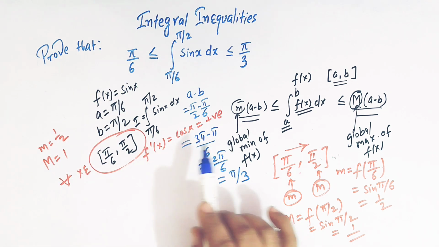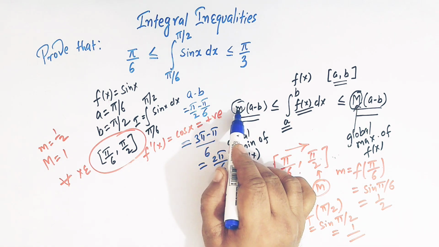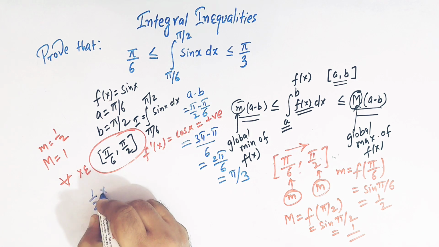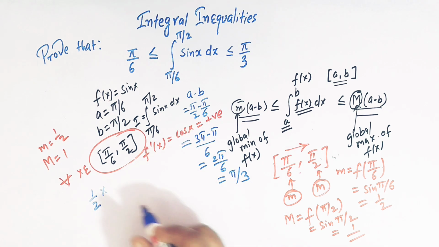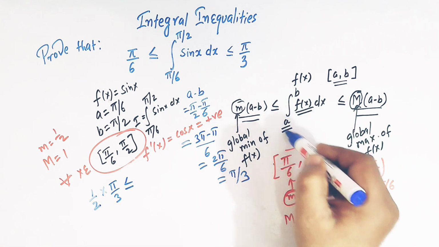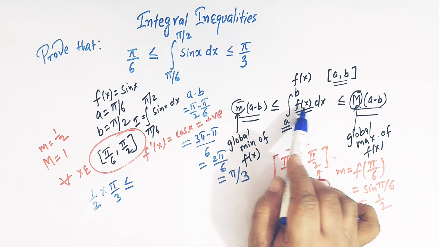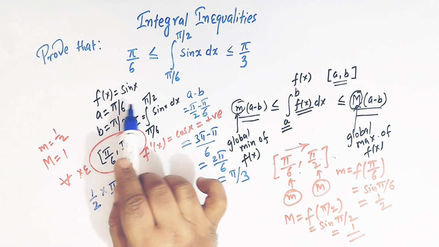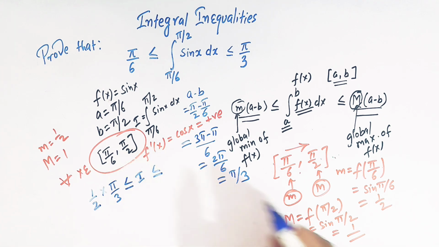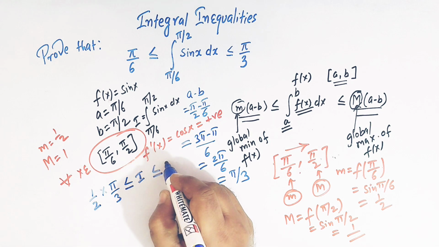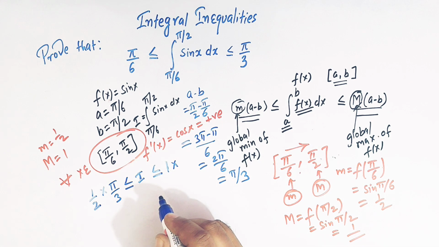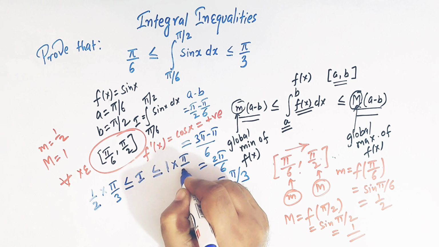Now let us substitute all these values in this inequality. m is half, so we have half times a minus b, which is pi by 3, less than or equal to this integral, the integral from a to b of f of x dx, which is denoted by I. Then we have capital M, that is 1, times a minus b, that is pi by 3.